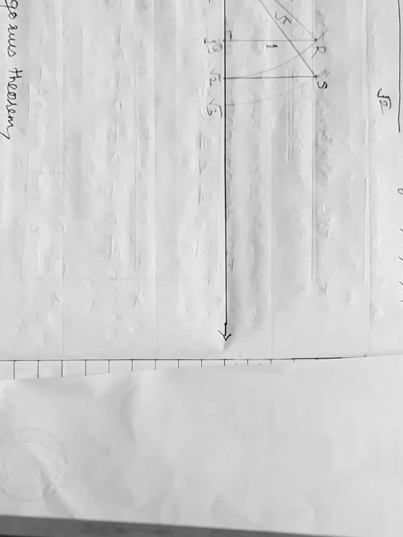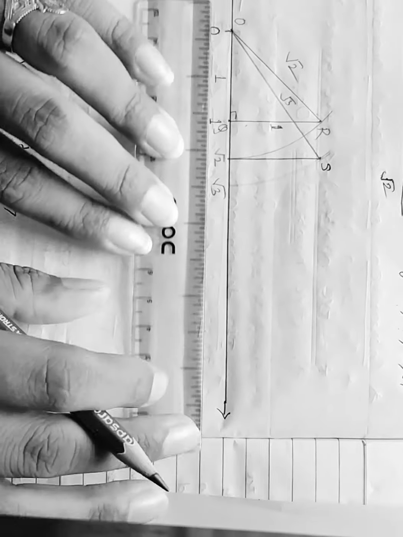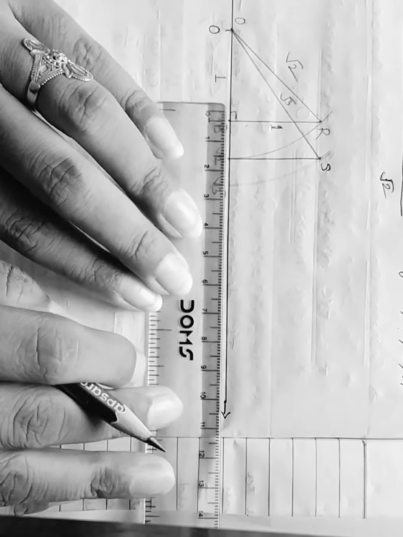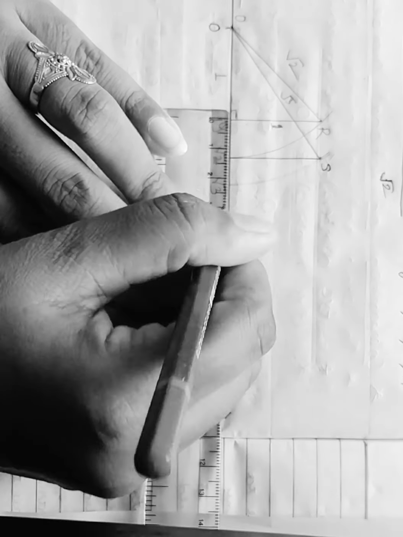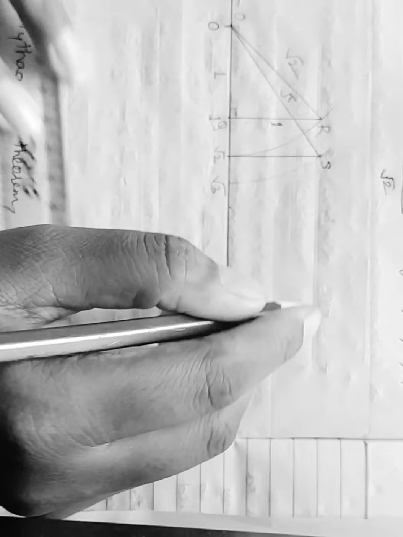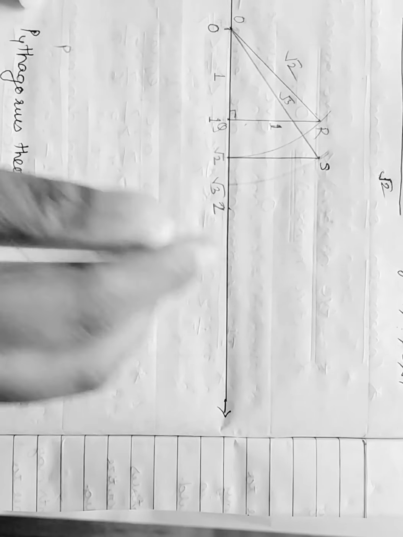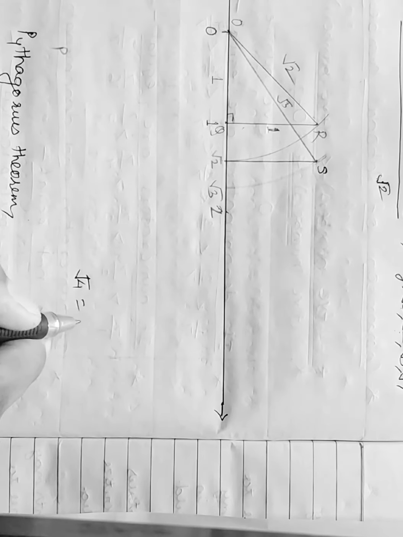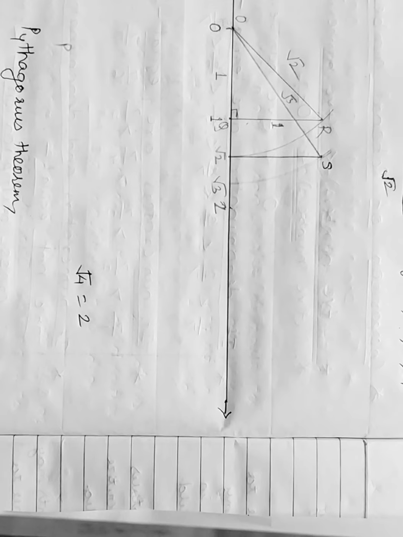Again the same procedure: 0 to 1 we have taken 1 unit distance, and again for 1 to 2 you have to take 3 centimeter only. Here I am giving the number 2. Now see, square root of 4 is 2.